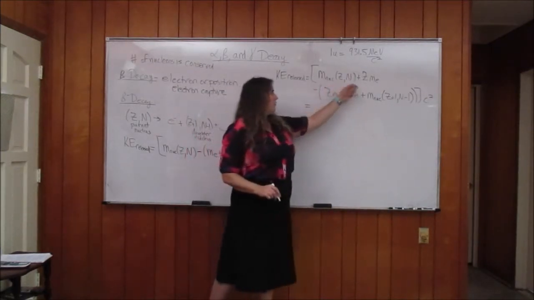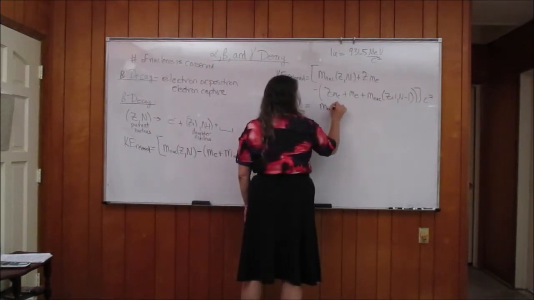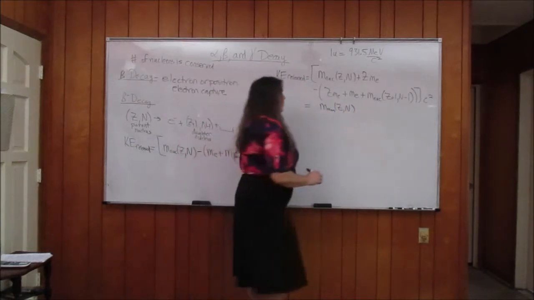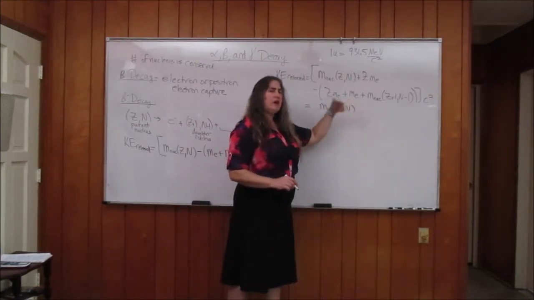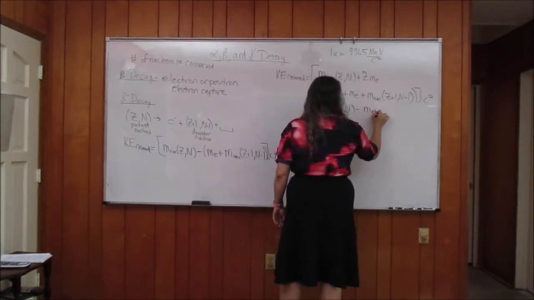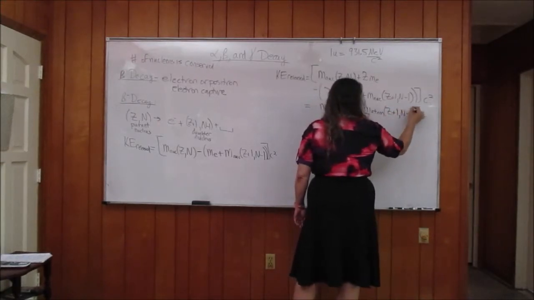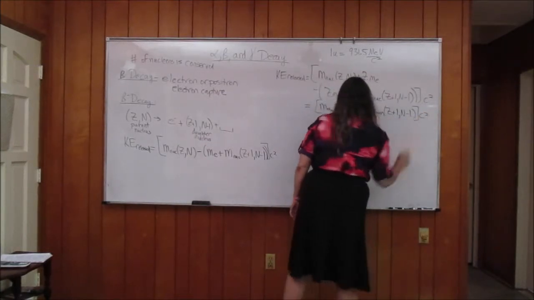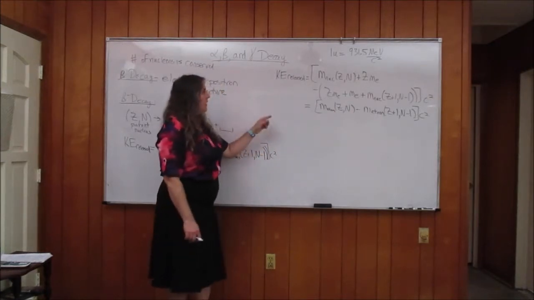If I look at these first two terms, that's just the atomic mass of an atom that has Z protons and N neutrons. And down here, you've got Z plus 1 times the mass of the electron. So the second term just becomes minus the mass of atom Z plus 1, N minus 1, times c squared. So that's the kinetic energy released in beta decay.